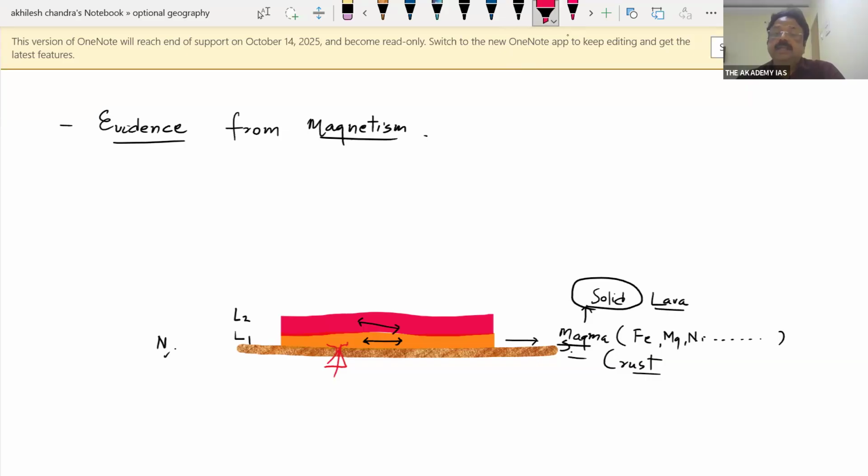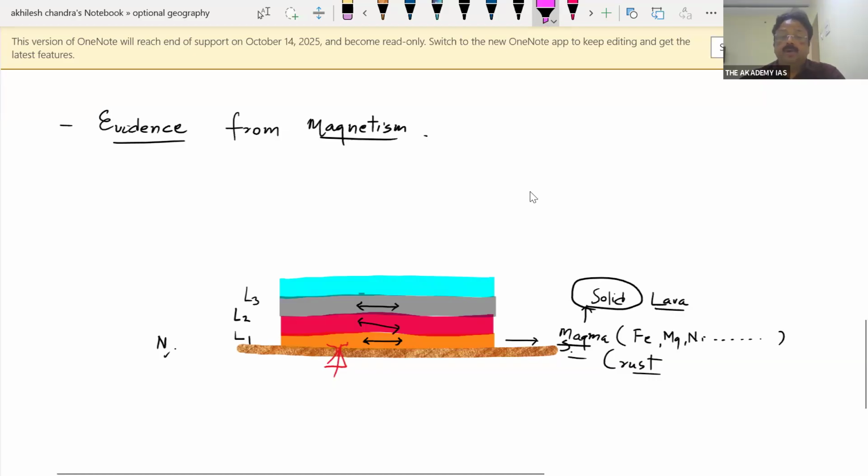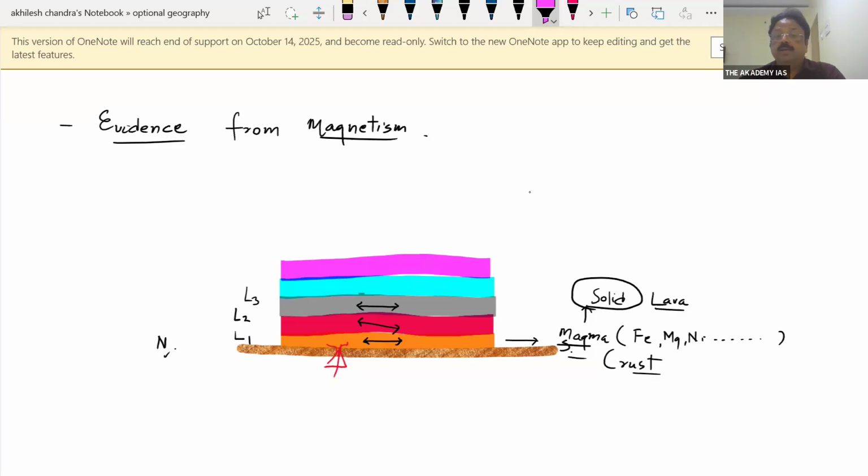And similarly, suppose that there is another lava flow that has taken place. In this lava flow also, there will be some polarity and magnetization. Let's say this is layer L3. There is another lava flow in some geological period just above the earlier lava flow. So it may be possible there are many such volcanic eruptions that have taken place from time to time, and all these volcanic eruptions get magnetized as per the polarity of their time. It can be possible. Yes or no?